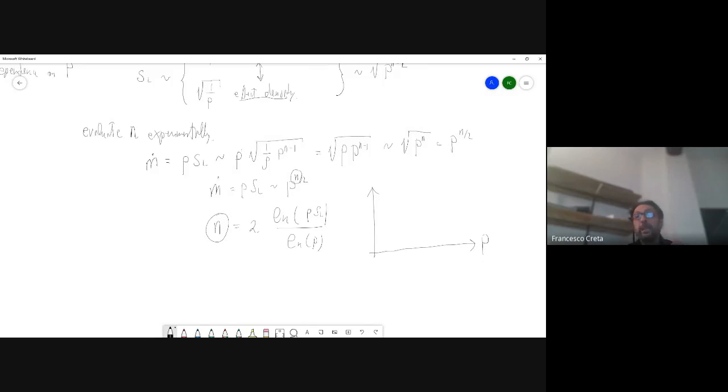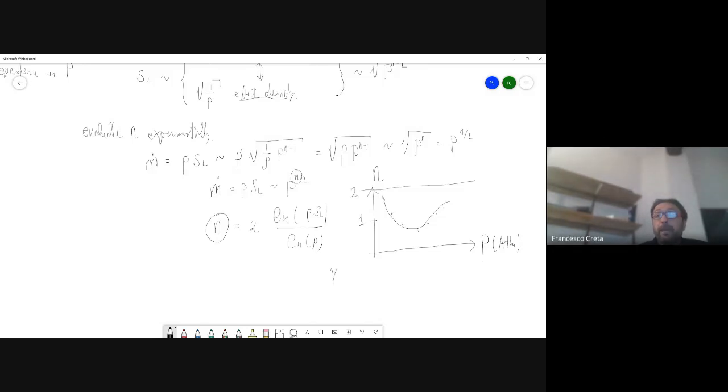So we take a pressure in atmospheres and we measure the value of n for all these pressures, and we have some sort of graph. But the interesting aspect is that this reaction order is always less than 2.